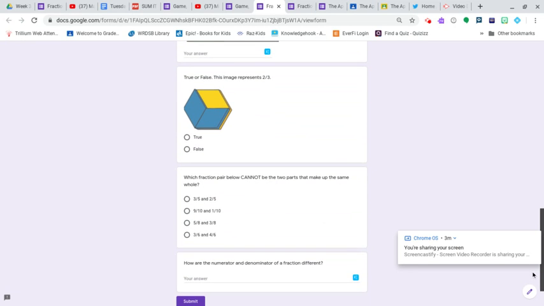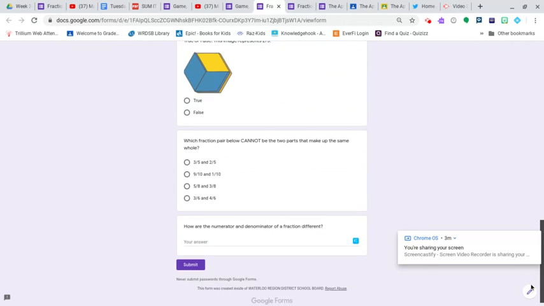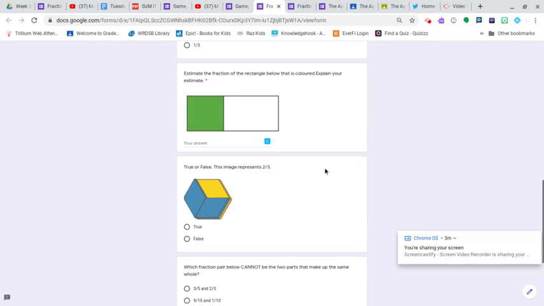I'm very interested in what you say with regards to this question over here. Estimate the fraction of the rectangle below that is colored, which means the green one. Explain your estimate. So what do you think the fraction is, and tell me why. Roughly, what do you think the fraction is?